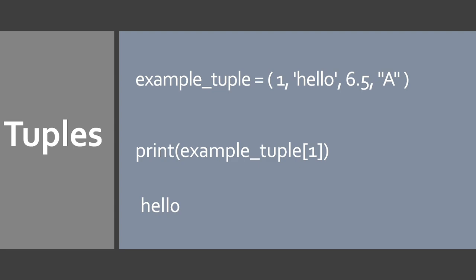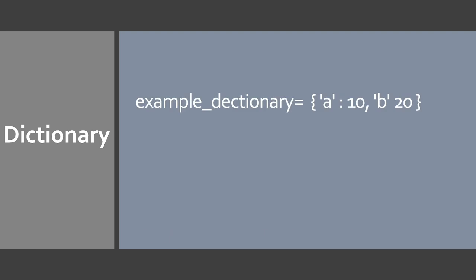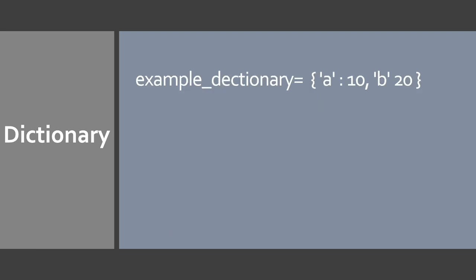The next data type is dictionary. Dictionaries store data in a key value object structure. Each value can be accessed directly by its key. Dictionaries can also store any data type. For example, suppose you declare a variable named dictionary example and assign a dictionary to it.